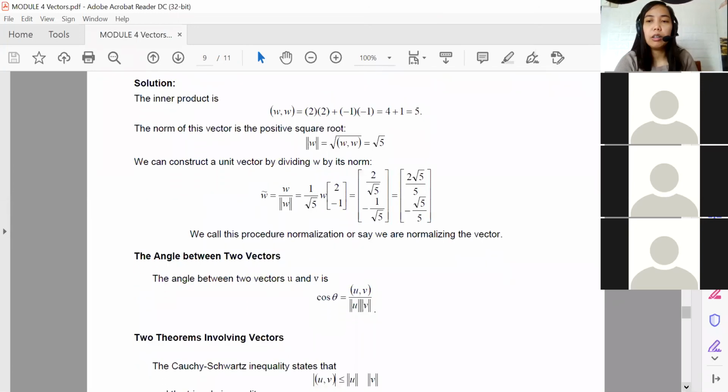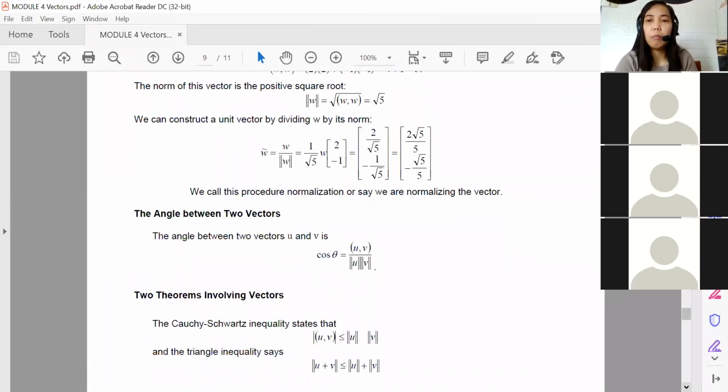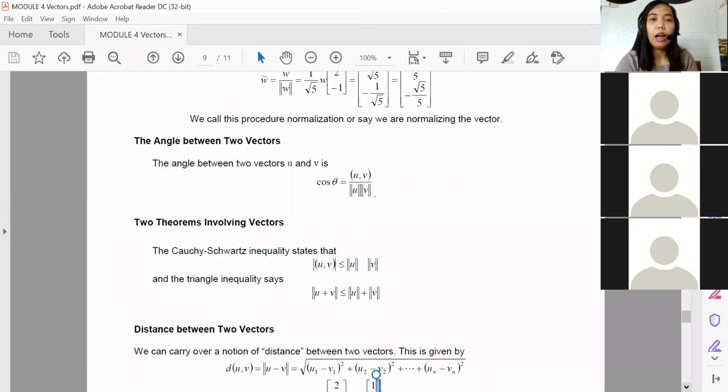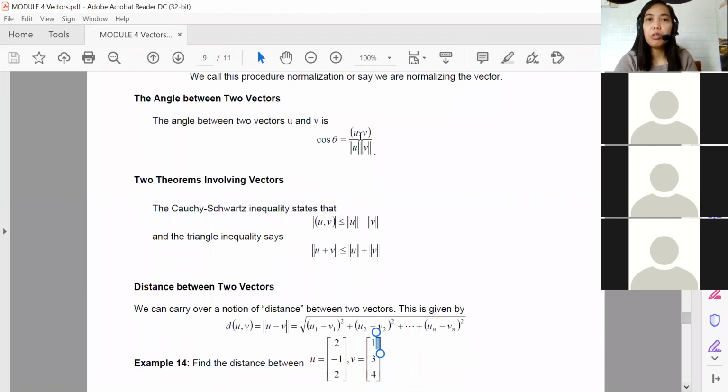Pero hindi na natin yan i-discuss kasi yan ay hindi naman talaga kailangan pa. We'll just introduce, just follow this. And we also have two theorems involving vectors.